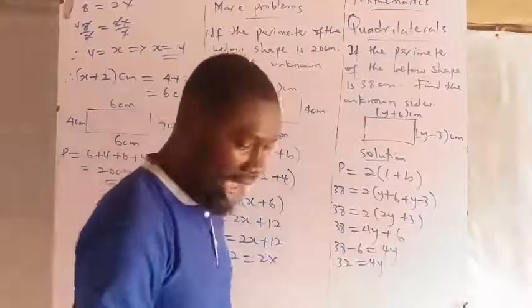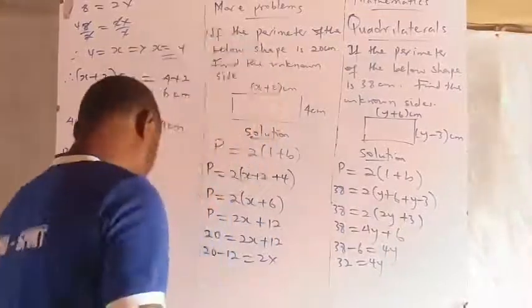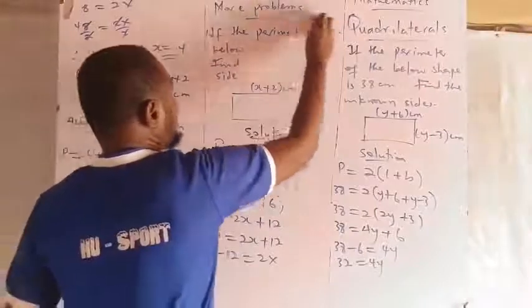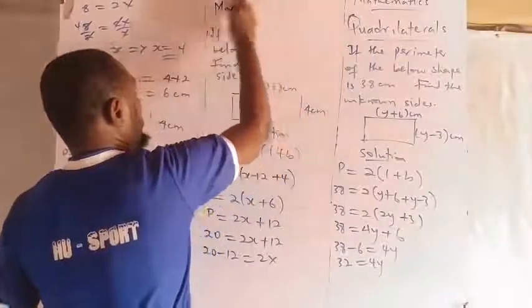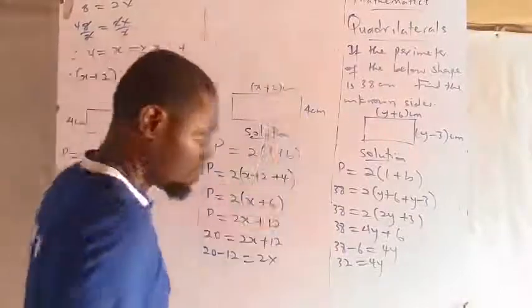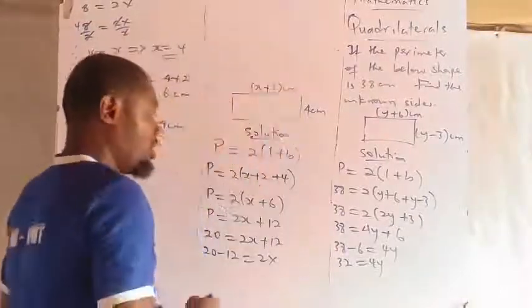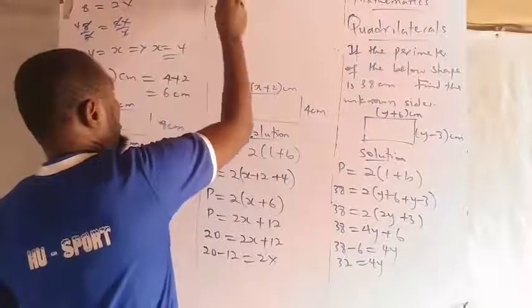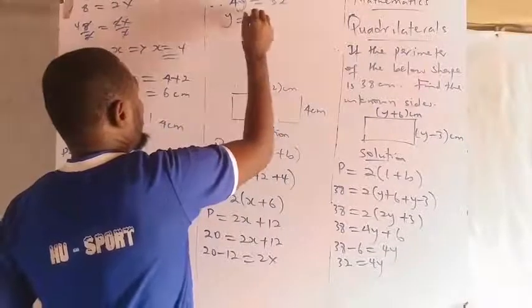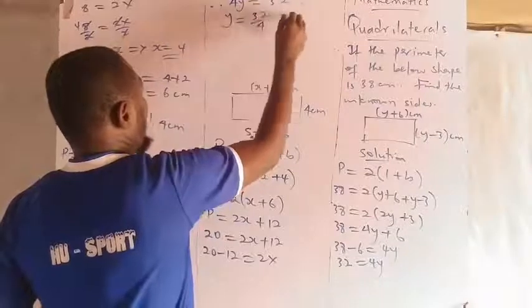We can now find our y from here. Let's see what our y will be quickly. If 32 is equal to 4y, then y alone will be 32 divided by 4, and that will be 8.